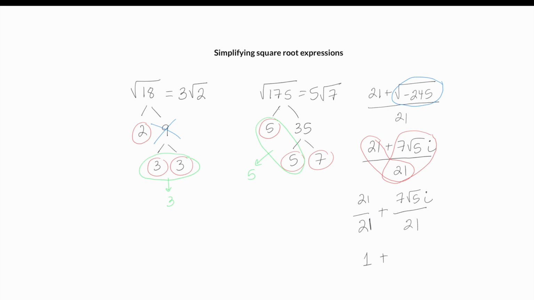So the final version for the second fraction is 1 square root of 5 i over 3. And then most of the time you will see this written without this 1. So it's really just square root of 5 i over 3. And this will be the simplified version for this problem here with the fraction.